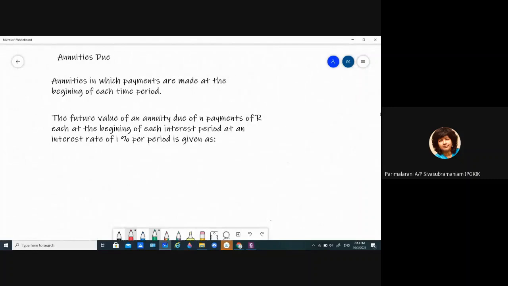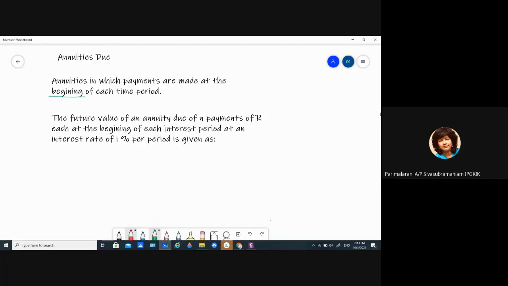Annuities due is the other type of annuity. Annuities in which payments are made at the beginning of each period are known as annuities due. So if the payment is made at the end, it is an ordinary annuity. If the payment is made at the beginning of each period, then it's an annuity due.